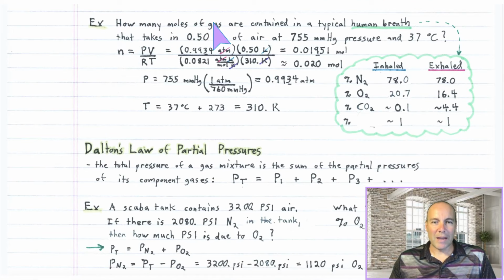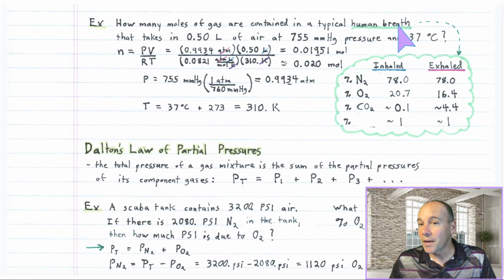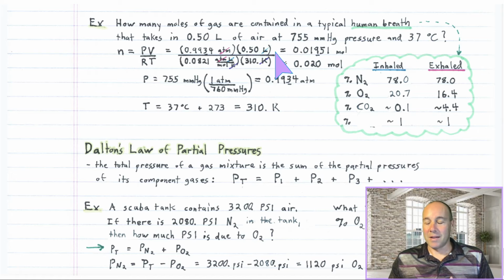How many moles of gas are contained in a typical human breath that takes in 0.5 liters of air at 755 millimeters of mercury pressure and 37 degrees Celsius? So a person inhales a half of a liter of air at this pressure and temperature.